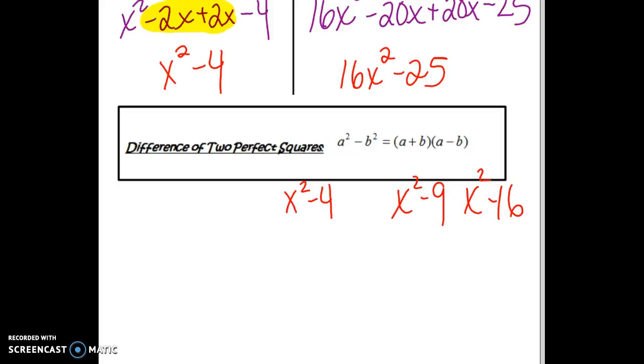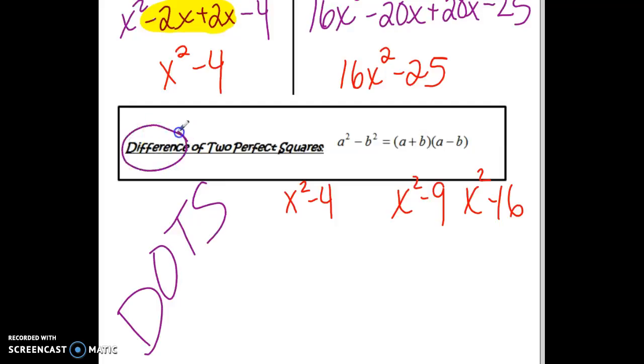Okay, they're perfect squares. So the factoring method we're learning today is called DOTS, D-O-T-S. And it's an acronym for difference of 2 perfect squares.